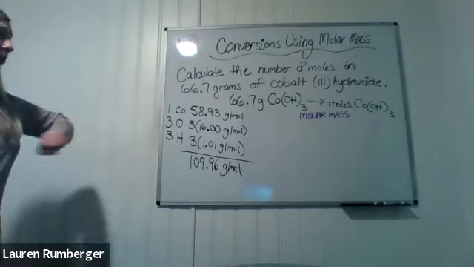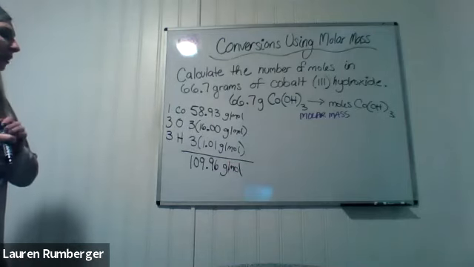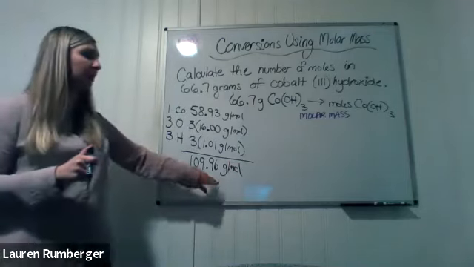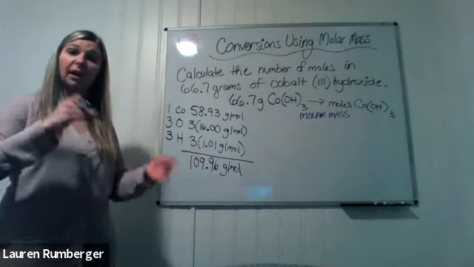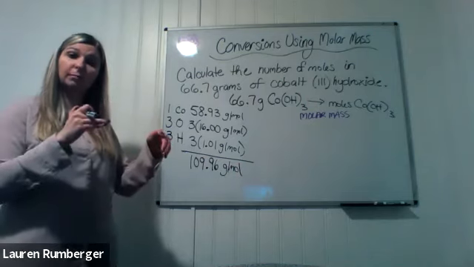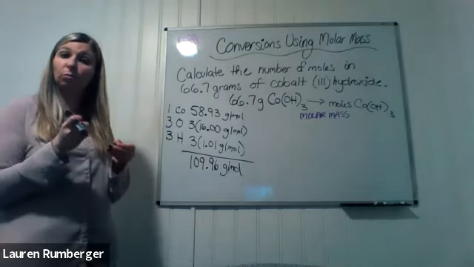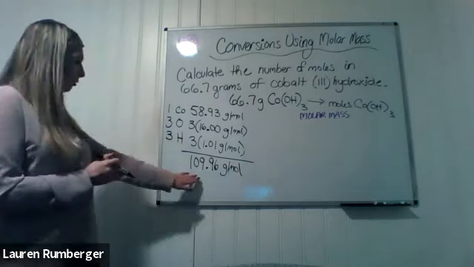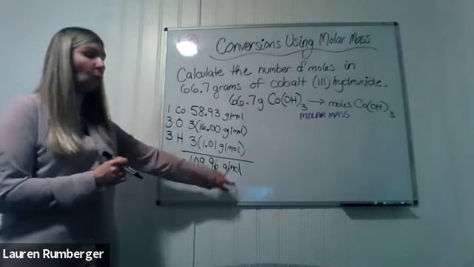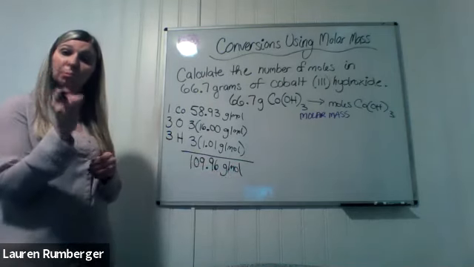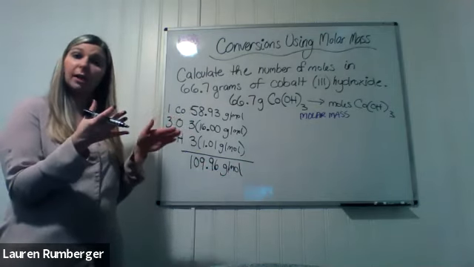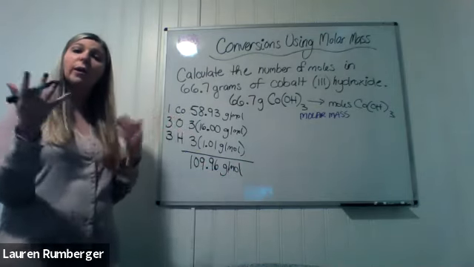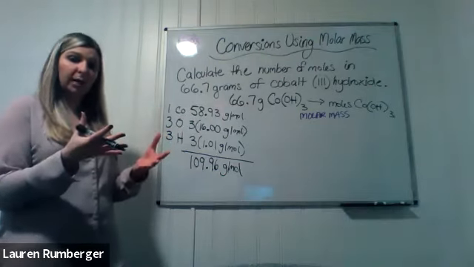Okay, so now that we have the molar mass, we need to remember that the molar mass can be used as a conversion factor to convert between grams to moles or moles to grams. So depending on how we write it, well, this is written as grams per mole, which means the amount of grams of the compound, cobalt-3 hydroxide, in 1 mole of cobalt-3 hydroxide.